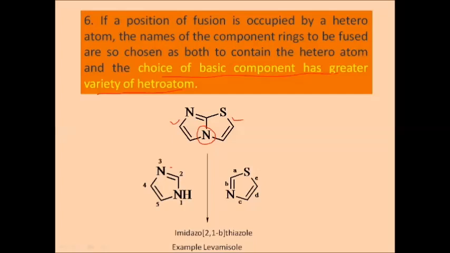In this case, this ring has nitrogen and this ring has sulfur and nitrogen. So we will give the preference to this ring because it has a greater variety, sulfur and nitrogen, but in this case only nitrogen is there. So this is a thiazole ring. So thiazole ring is the basic ring and imidazole ring is the substituent ring.